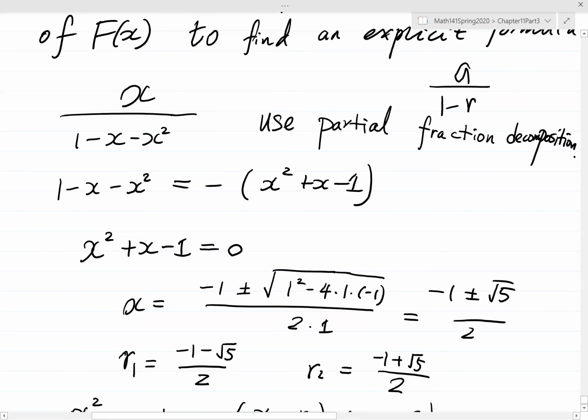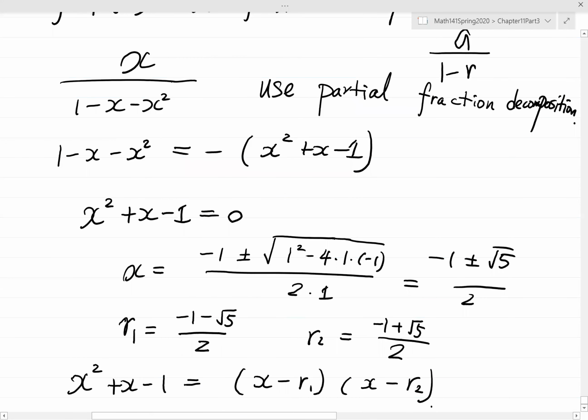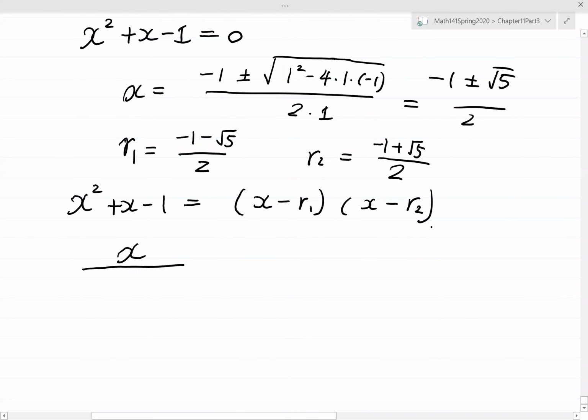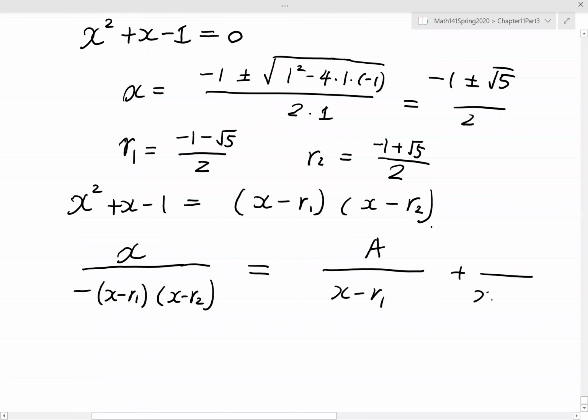So what we finally have by partial fraction decomposition is x over negative (x minus r1)(x minus r2). So you can find its partial fraction decomposition: A over x minus r1 plus B over x minus r2.